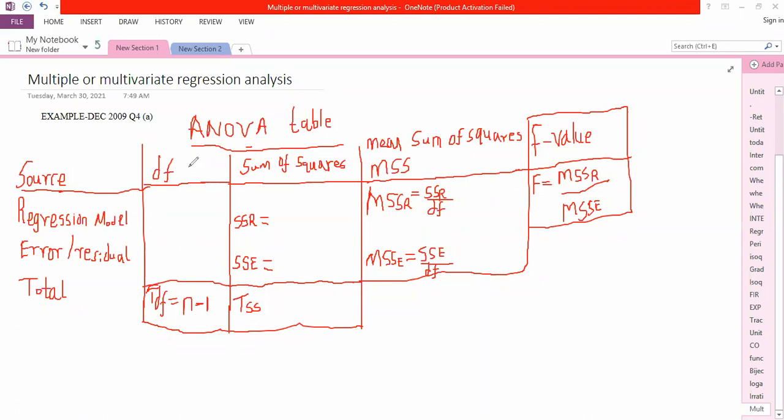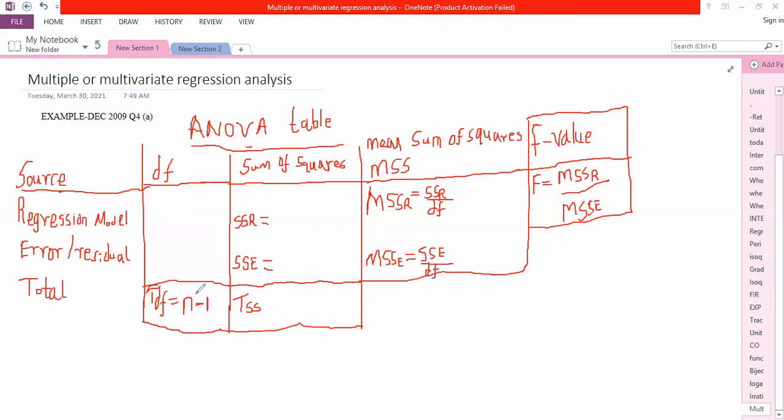So if, for example, you know the degrees of freedom due to the regression and the degrees of freedom due to the residue, which gives us the total, and you don't know the sample size n, it is possible to determine it using the total degrees of freedom, given by the formula n minus 1. Of course, for the regression and the error term, it depends on the number of independent variables that are there. There are also some formulae normally used in the computations, but because we are not doing our work manually, those degrees of freedom given by the computer solution, we just use them the way they are.